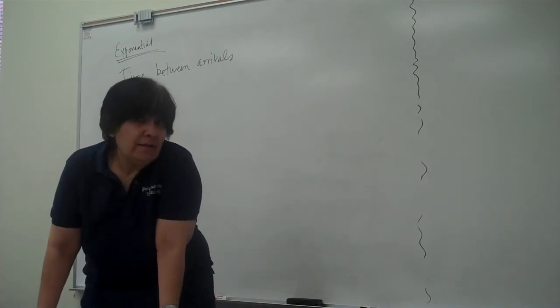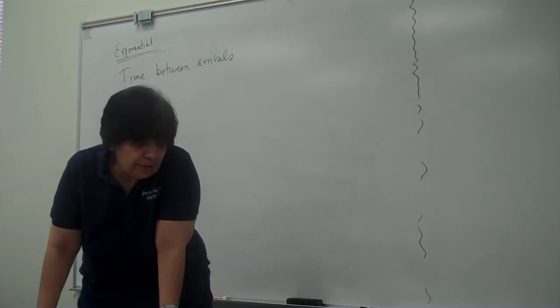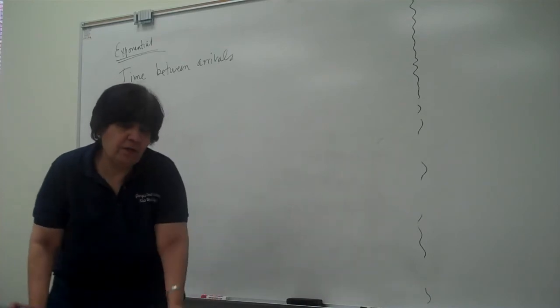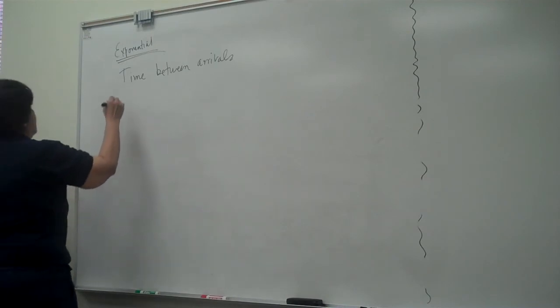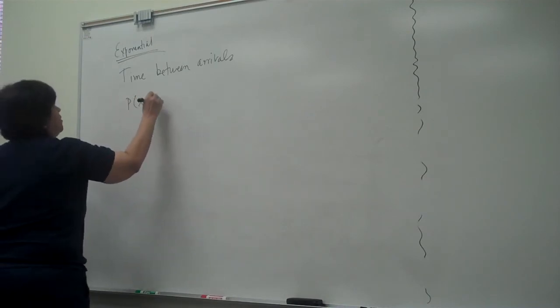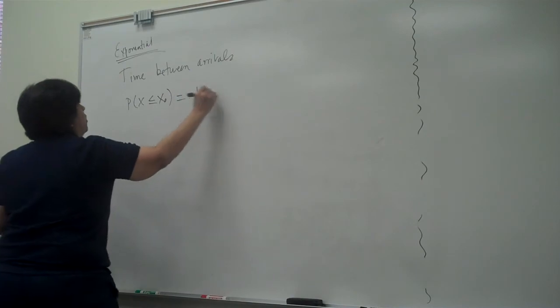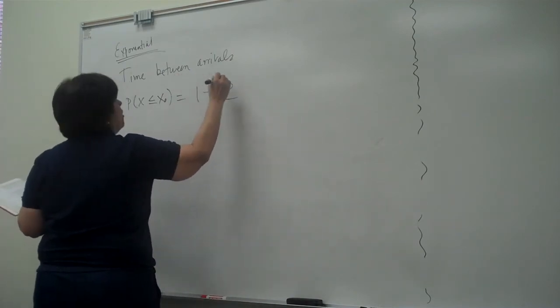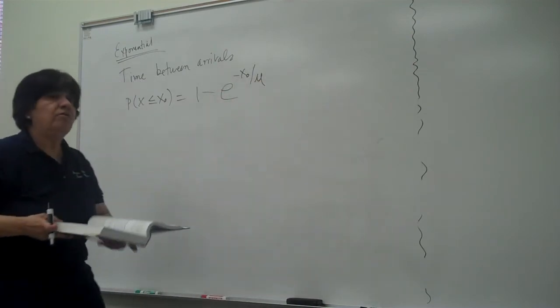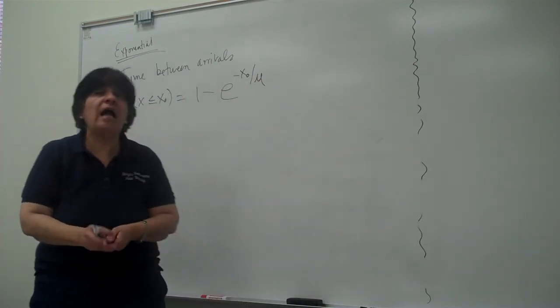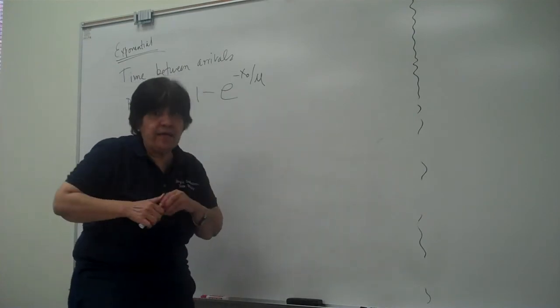But the function that is important is formula 6.5 on page 254, the cumulative probabilities, because this is the one that is going to give us the probabilities. The probability that x is less or equal than x0 is equal to 1 minus e to the power of minus x0 divided by mu. This is the formula that we are going to use to calculate probabilities, not f of x.